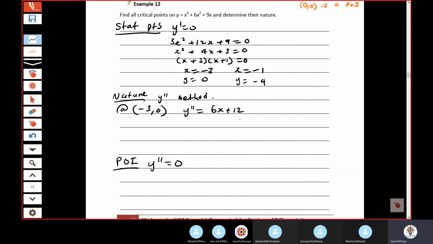And then what are you going to do at this stage? That's great, but you want to do it at this point, which means you sub in x, which is -3. 6 times -3 plus 12 is -6. What does that mean? If y double dash is negative, then it's concave down.